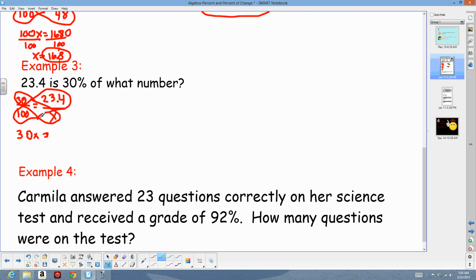When you multiply by 100, you move the decimal 2 places to the right. So that's going to equal 2,340. Divide both sides by 30. And you get 78.